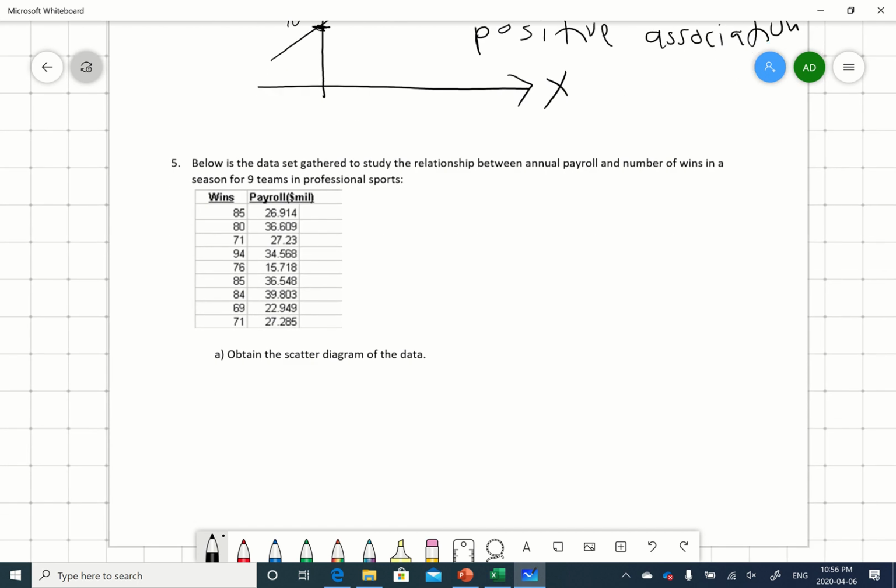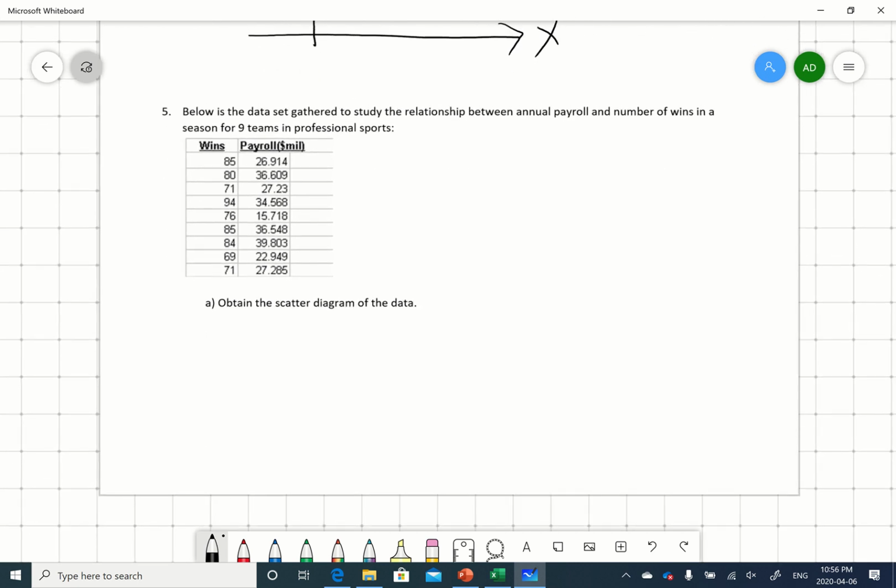Okay. And then number 5, below is the dataset gathered to study the relationship between annual payroll and the number of wins in a season of 9 teams. So if you think about this, you want to figure out is there any association to your payroll based on the number of wins.